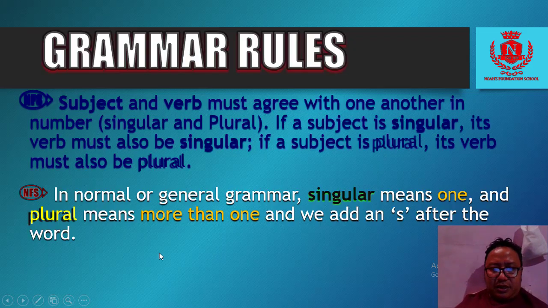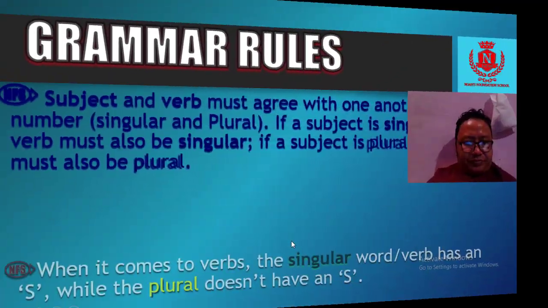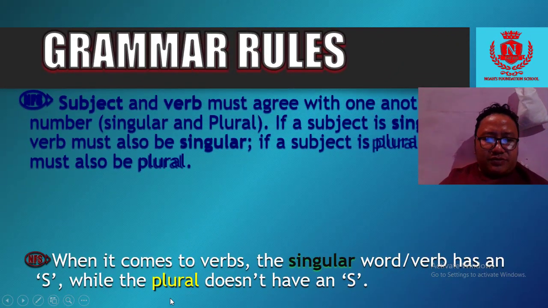If it doesn't have an S, then it's plural. Understand? So it's the opposite of nouns. When it comes to verbs, the singular verb has an S, while the plural doesn't have an S. It's very clear.